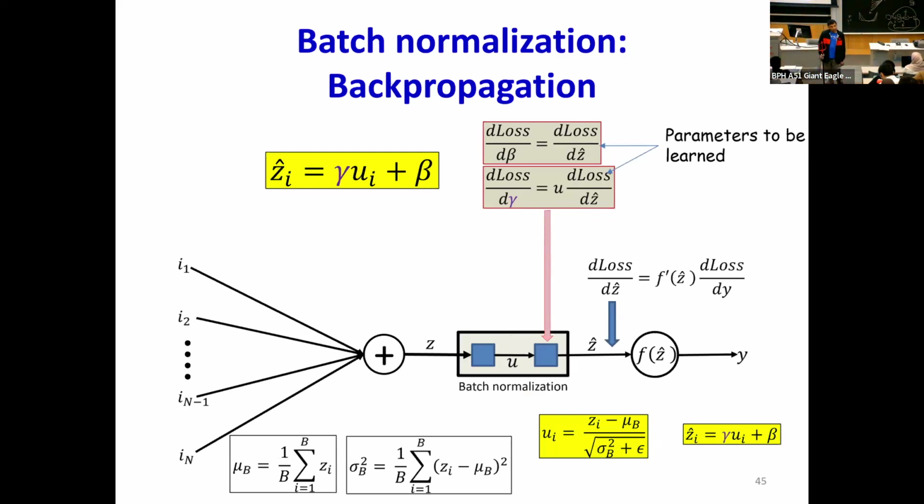And then finally, I must compute the derivative of the loss with respect to, what's the next thing I'd need? The u that goes in, right? And so what is the derivative of the loss with respect to u? It's just going to be, I'm writing all over the board, pardon me, the derivative of the loss with respect to z hat times gamma. So that's easy, right?